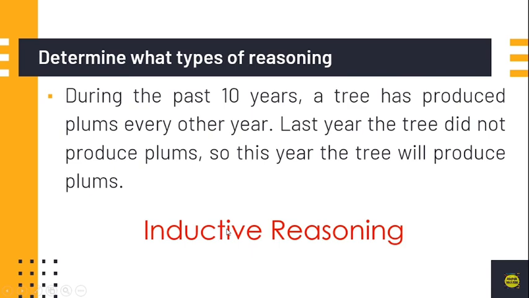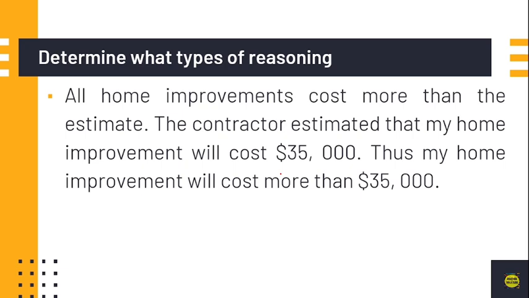Next example. All home improvements cost more than the estimate. The contractor estimated that my home improvement will cost $35,000. Thus, my home improvement will cost more than $35,000.